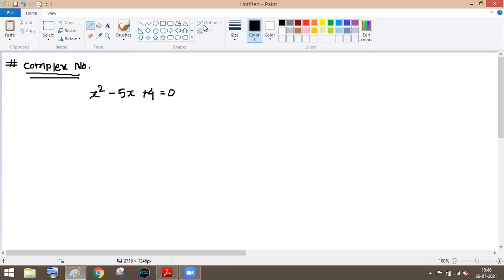Now, if I ask you what is the degree of this equation, let's assume that this is a polynomial. So, क्या आएगा? 2. And we know that if the degree of this equation is 2, so can we say how many solutions of x are possible? 2.